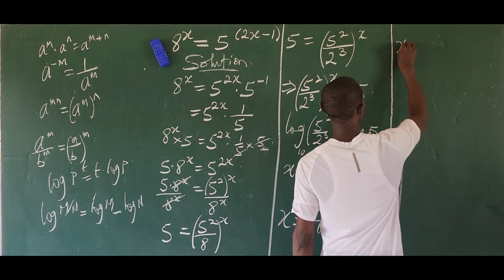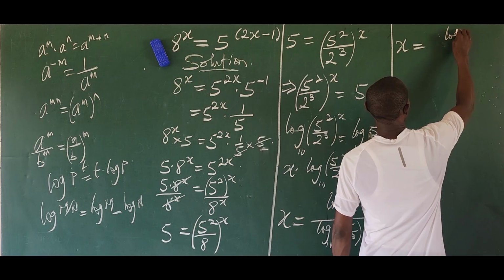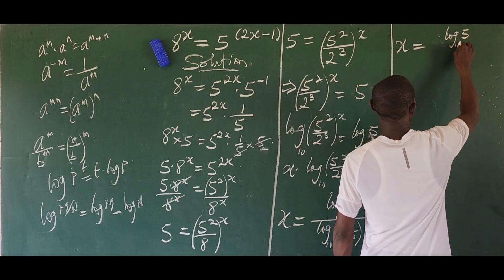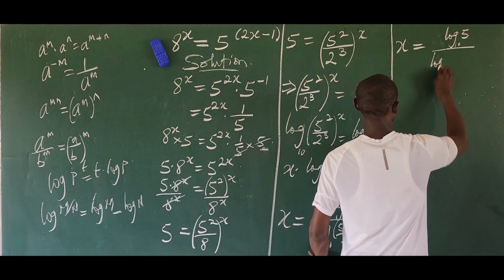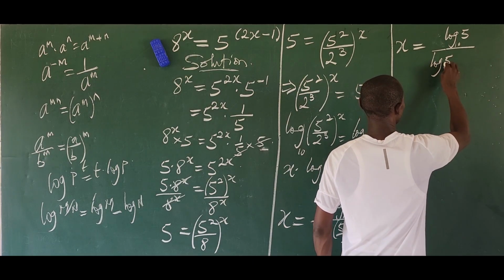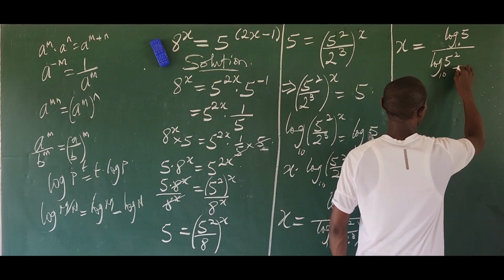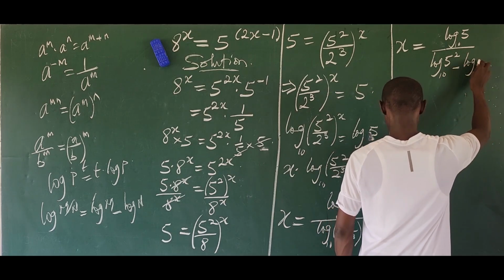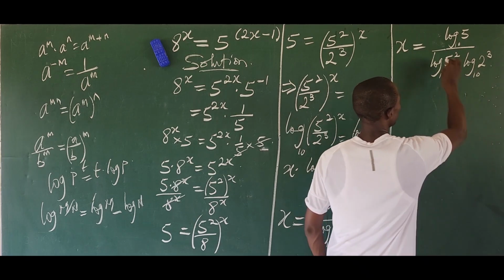If we do that, this gives us x will now be equal to the log of 5 base 10 all over the log of 5 to the power of 2, base 10, minus the log of 2 to the power of 3, base 10.